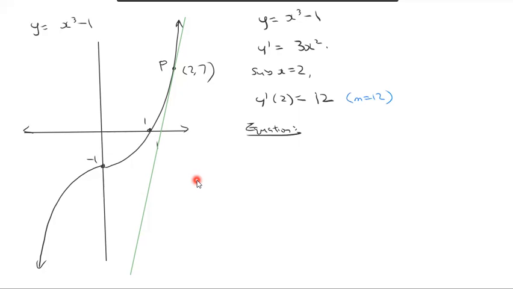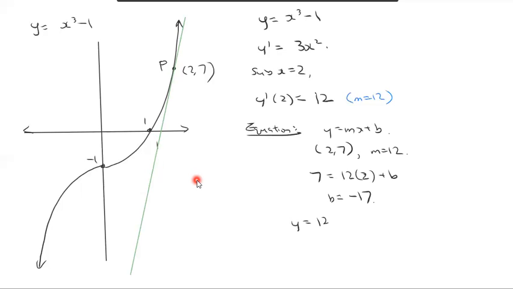You guys mentioned mx plus b, so let's use that this time just to make sure you know both ways. So if I use y equals mx plus b, subbing in, of course, (2, 7) and m equals 12, then 7 equals 12 times 2 plus b. So b must equal 7 minus 24, which is negative 17.